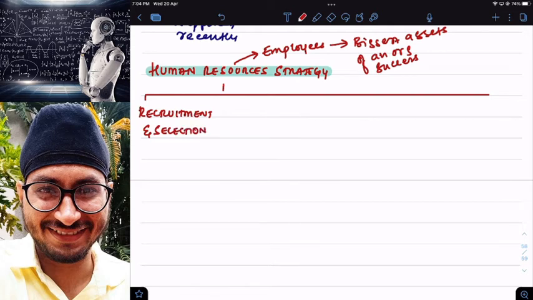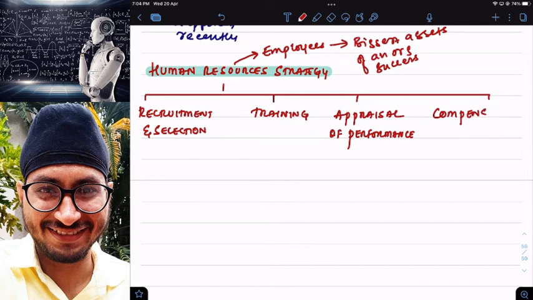Second, training. Third, appraisal of performance. And then we have compensation.